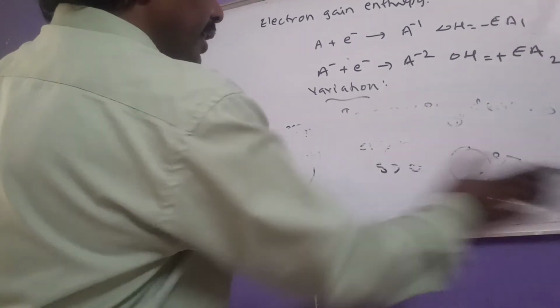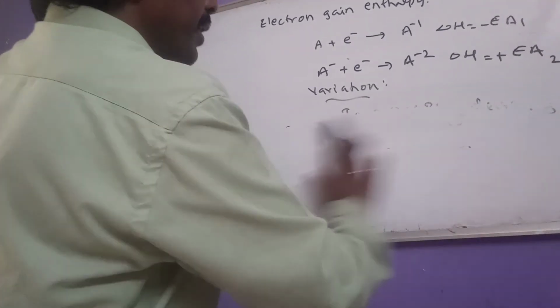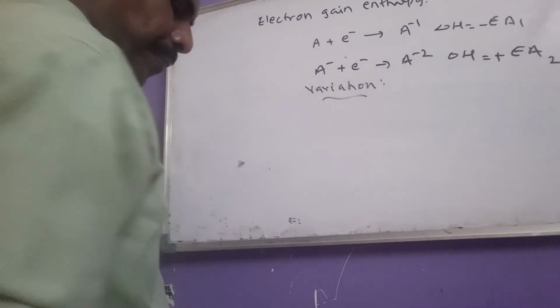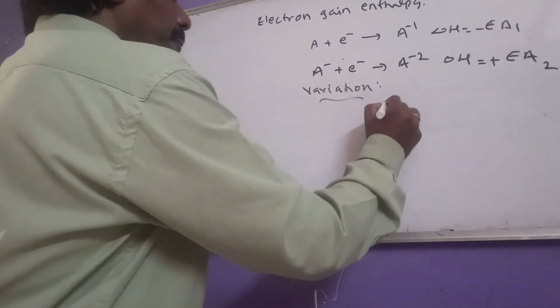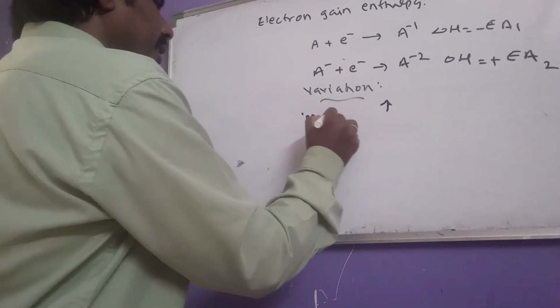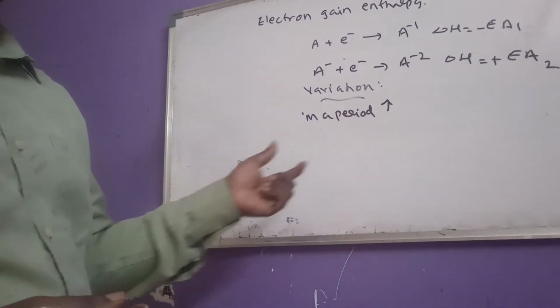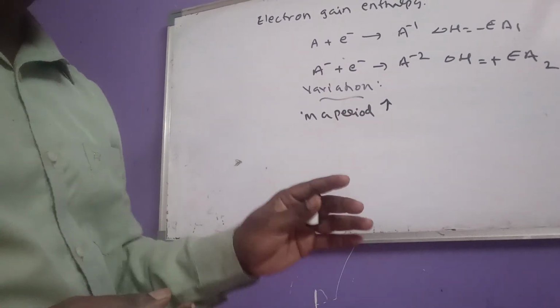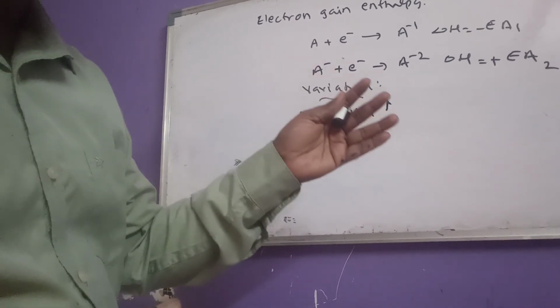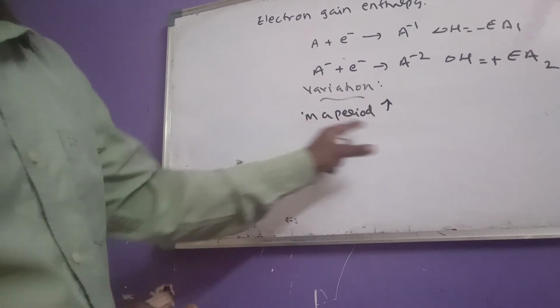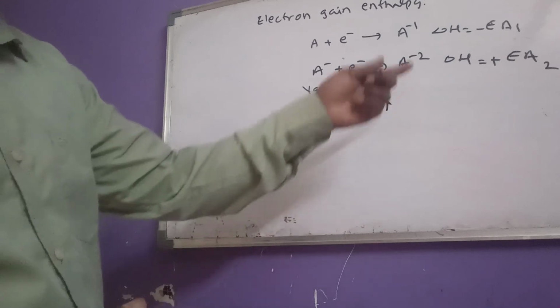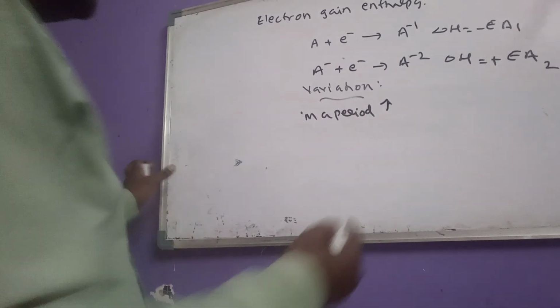Now let us see in a period. In a period from left to right, electron gain enthalpy increases, because as atomic size decreases, the tendency to gain an electron increases.